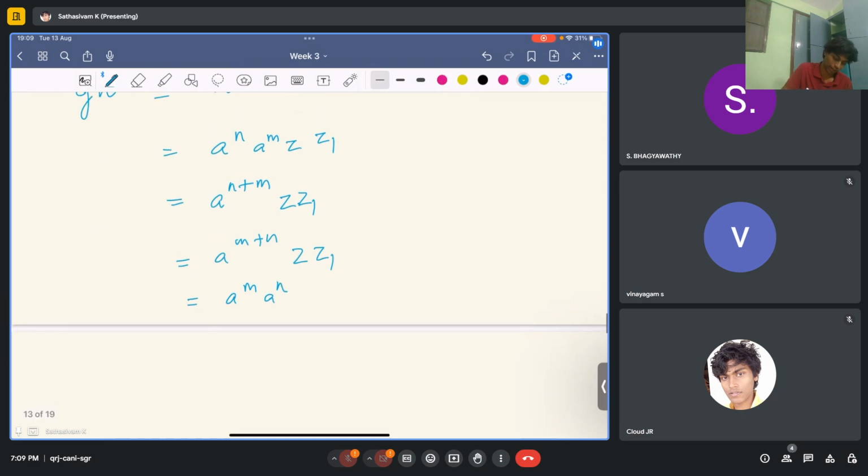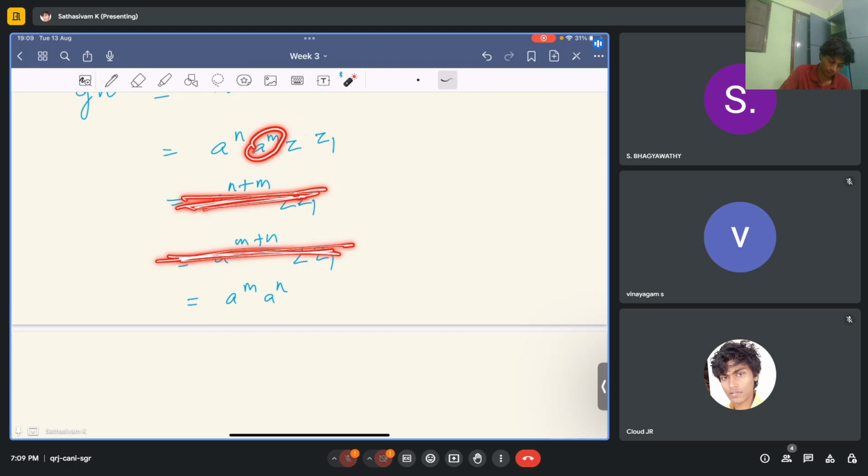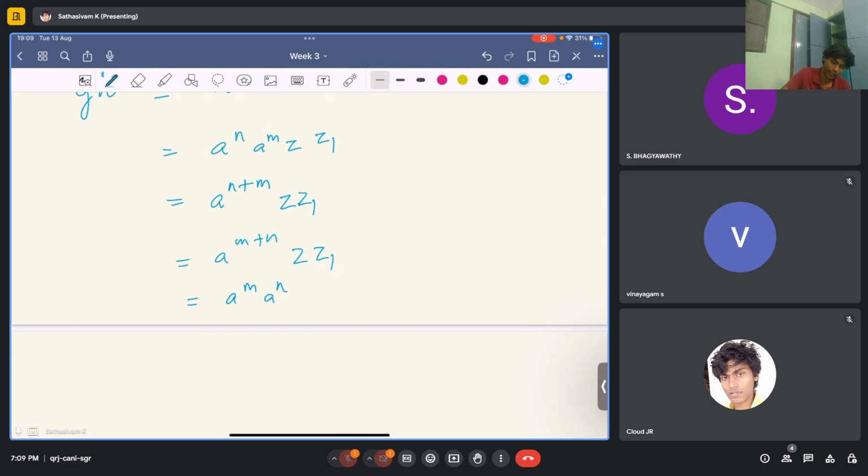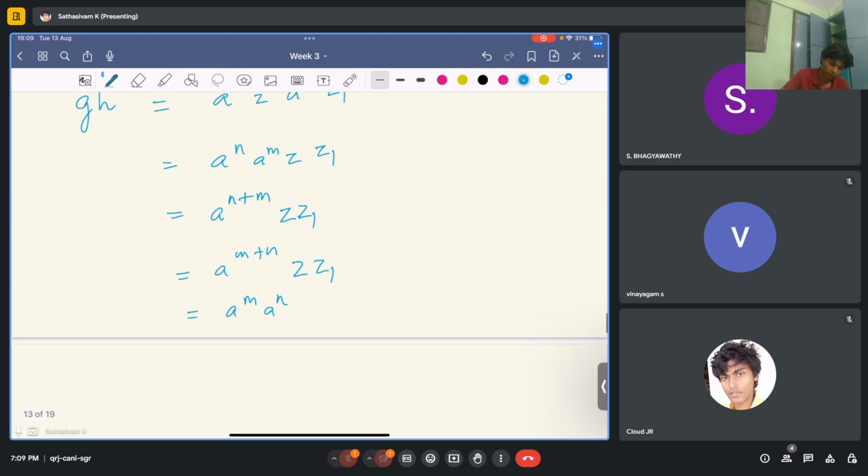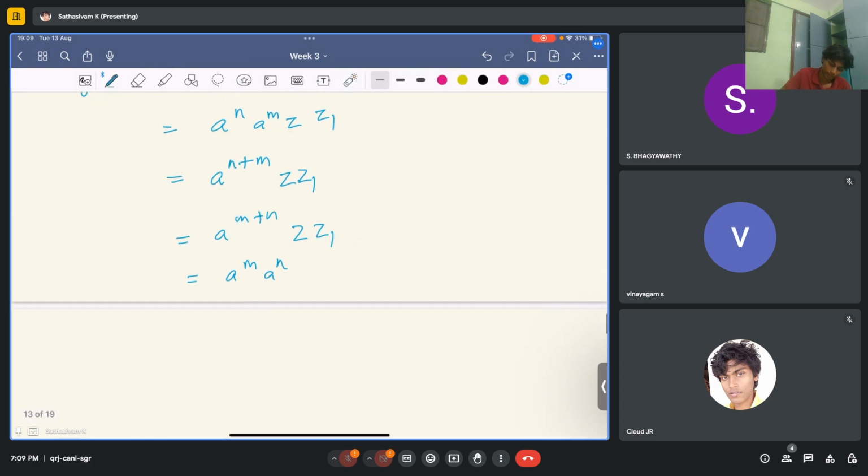I mean, you can write it down like that, but the idea is not this. The idea is these are actually powers of the same element. So A power n is what? A times A times A times A, etc. So basically A commutes with A. A commutes with itself, and hence any power also commutes with itself. So if you want to write it regularly, you can write it like that. But the idea is you can commute it.